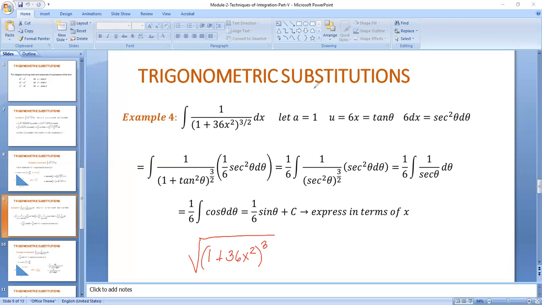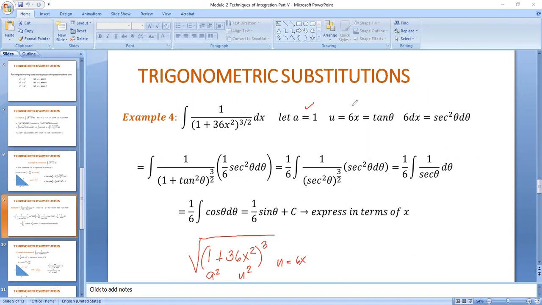What expression is that? This is comparable to a squared plus u squared. Looking at it, if a squared is 1, it follows that a is 1. Looking at it that u squared is 36x squared, then u must be 6x.